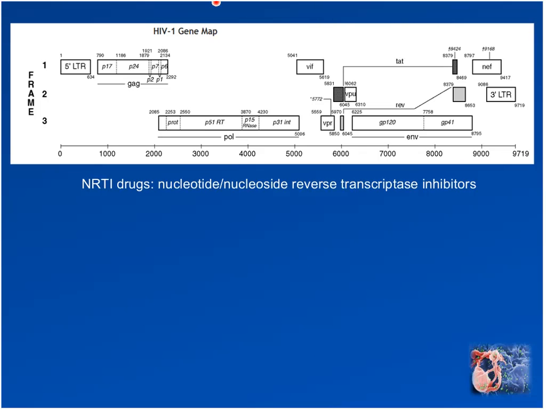Nucleotide, nucleoside, analog reverse transcriptase inhibitors, also known as NRTIs, are one class of anti-HIV drugs which mimic the deoxynucleotides the HIV virus is trying to use to reverse transcribe itself. When the HIV-RT enzyme selects one of these deoxynucleotide analogs, chain termination takes place and reverse transcription is inhibited.